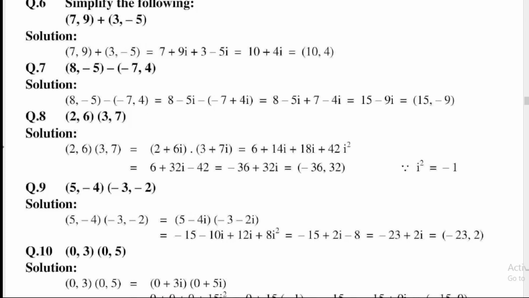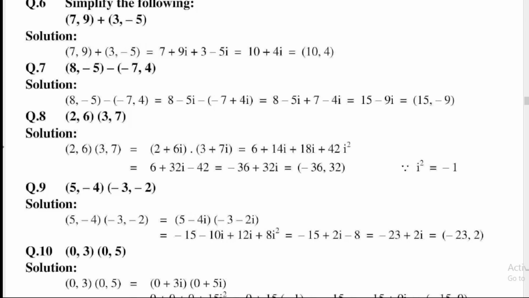Next, question number 9, that is (5, -4) into (-3, -2). So it can also be written in complex form, that is (5 - 4i) into (-3 - 2i).